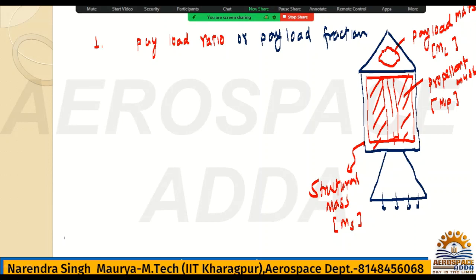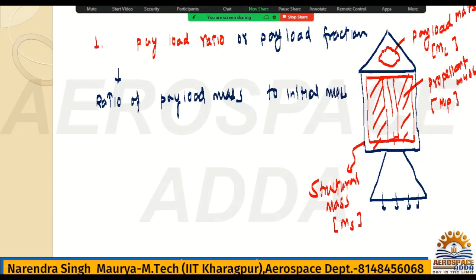Remember it. What is this? It is nothing but the ratio of payload mass to the initial mass of the rocket system.